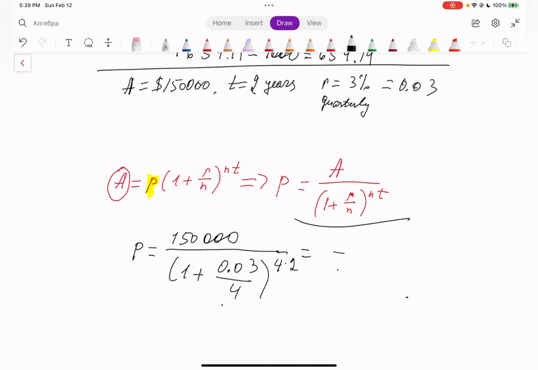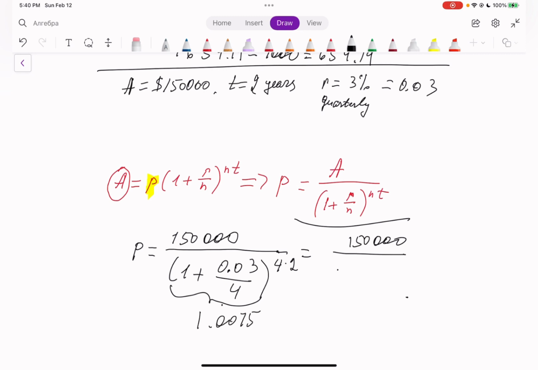Okay, let's solve it. 0.03 divided by 4 is 0.0075, plus 1, I got 1.0075.